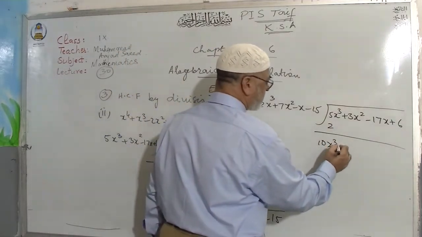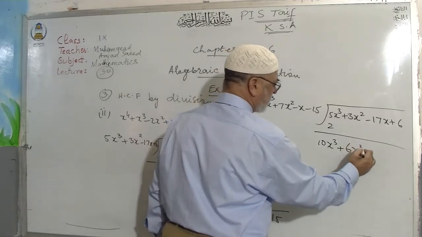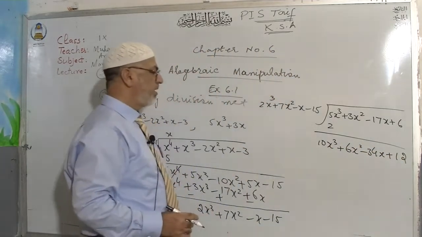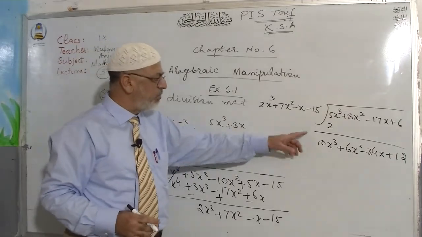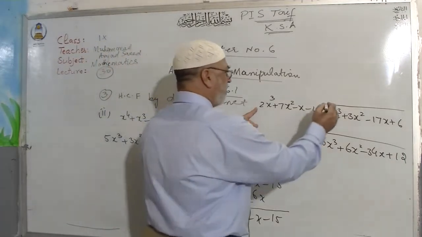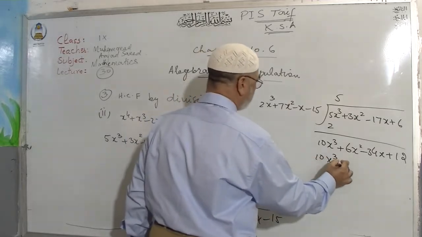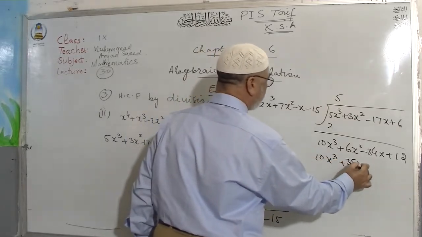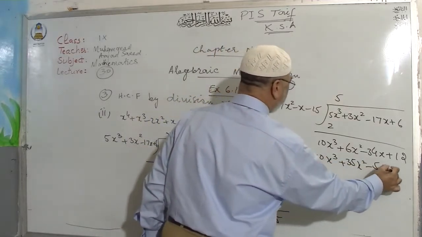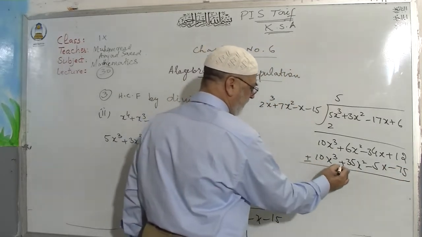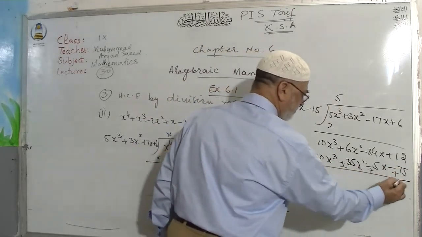So here is 10x^3 plus 6x^2 minus 34x plus 12. Now 10x^3 is divided by 2x^3, you will have 5. 10x^3 plus 35x^2 minus 5x minus 75. Now change the sign here.